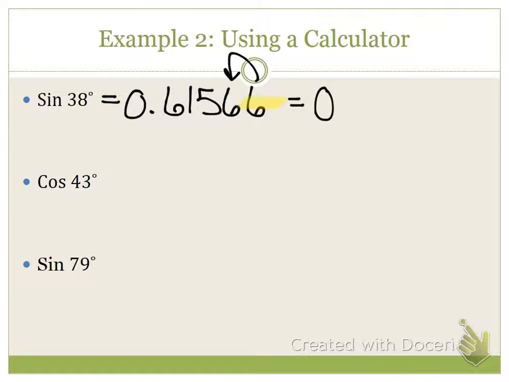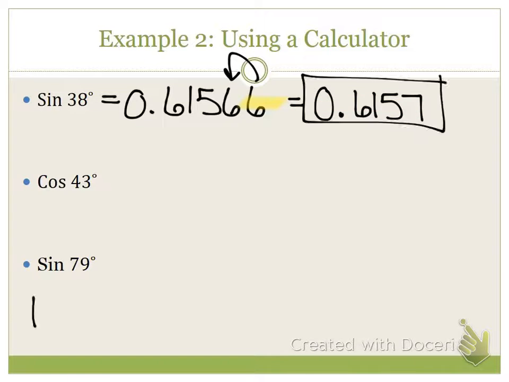You do not have to write this part because it's technically done in your calculator. This part right here, you don't have to write that in your work for your homework. All you have to do is the 4-digit answer. But I just wanted to show you how you round appropriately.